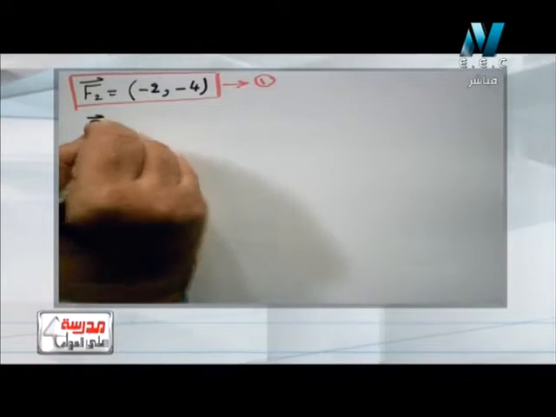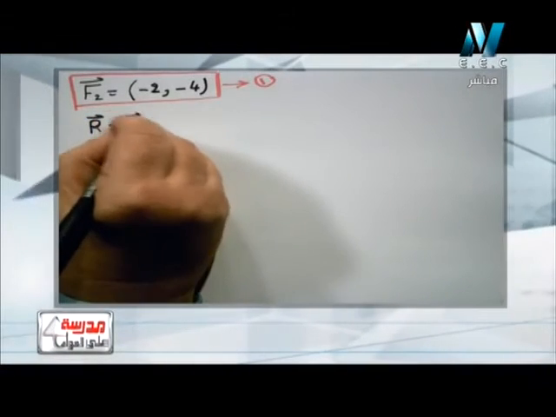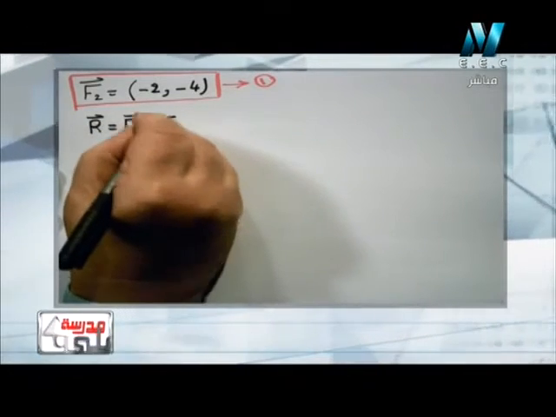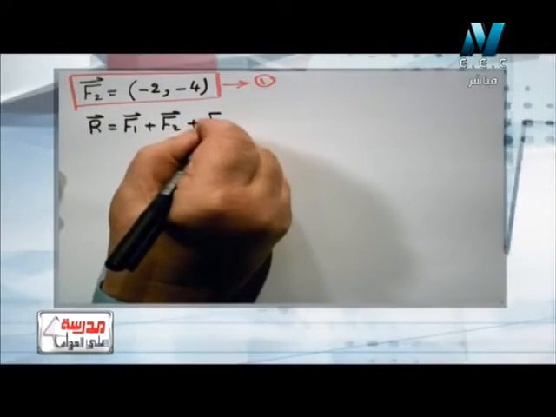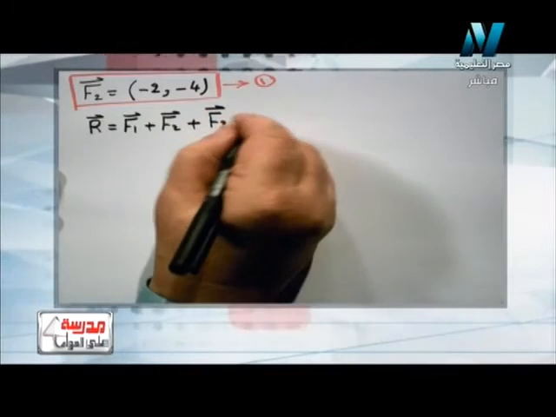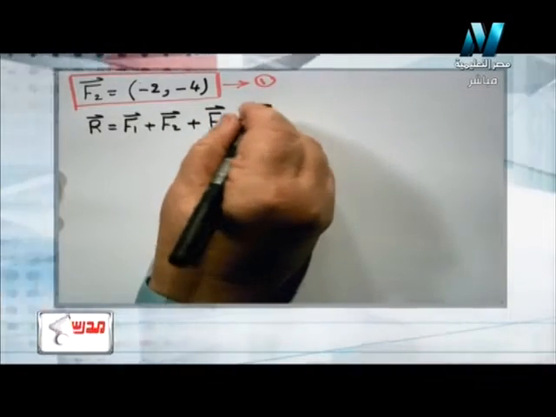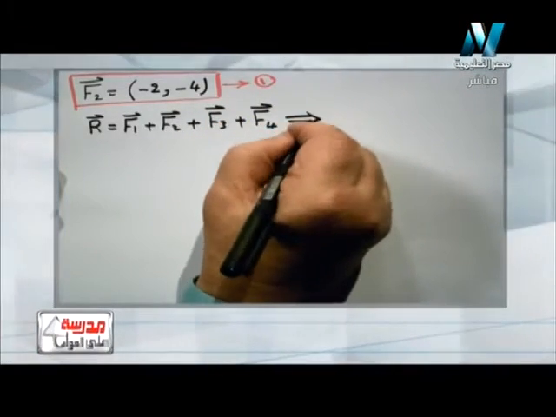Also, the forces are in equilibrium. Very good. يبقى the resultant FR vector equals F1 plus F2 plus F3 plus F4, and R vector is 0.